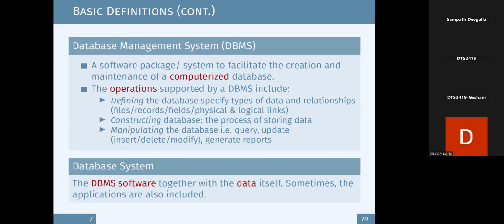I hope you remember creating a database and creating tables inside the database with the data and relations, and actually constructing it, and also loading or inserting data. Under manipulating databases, basically you can insert, delete, and modify data. When you talk about both the database management system software and the data itself together, we normally call it the database system.